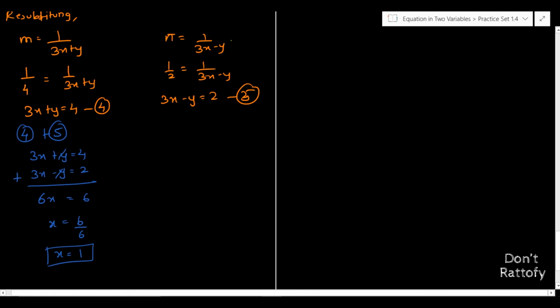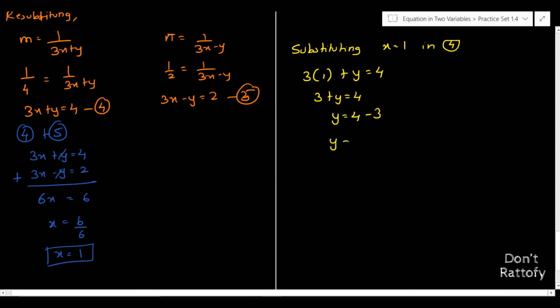So substituting x is equal to 1 in equation 4, I'll get 3 multiplied by, instead of x I'll write 1, plus y is equal to 4. So 3 ones are 3 plus y is equal to 4. y is equal to 4, and 3 becomes minus 3 on the right hand side. So y is equal to 4 minus 3, which is 1. So I have the value of x as 1 and I have the value of y as 1. Okay, so for this equation the value of x and y is 1.